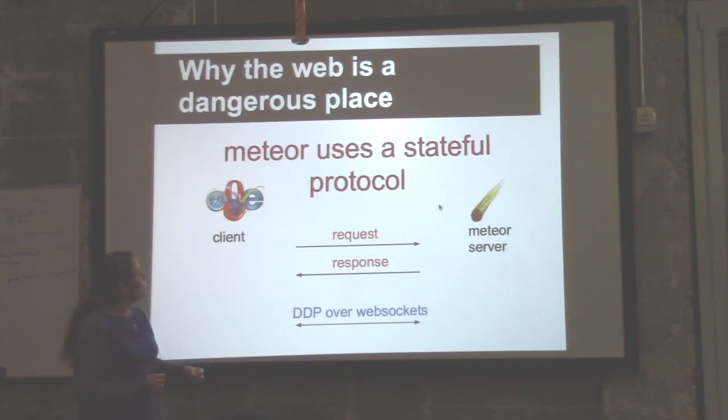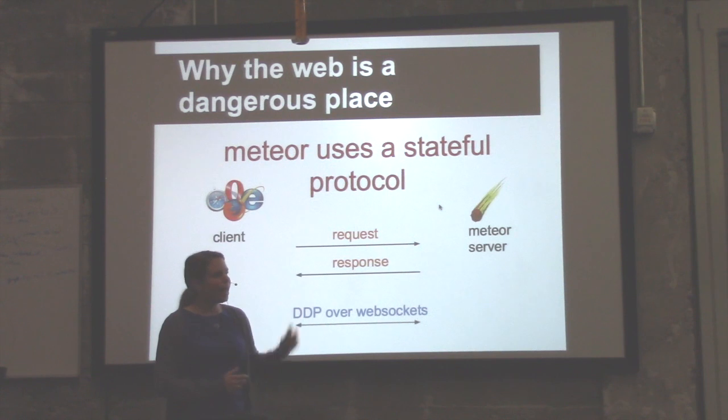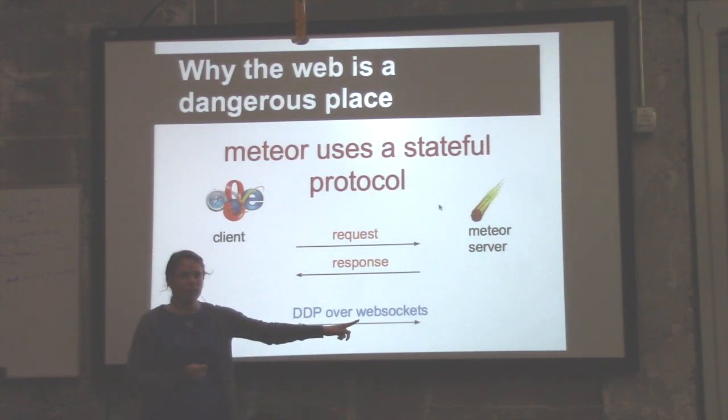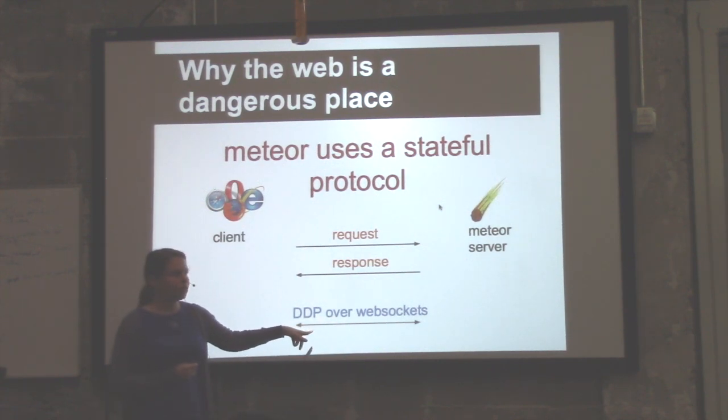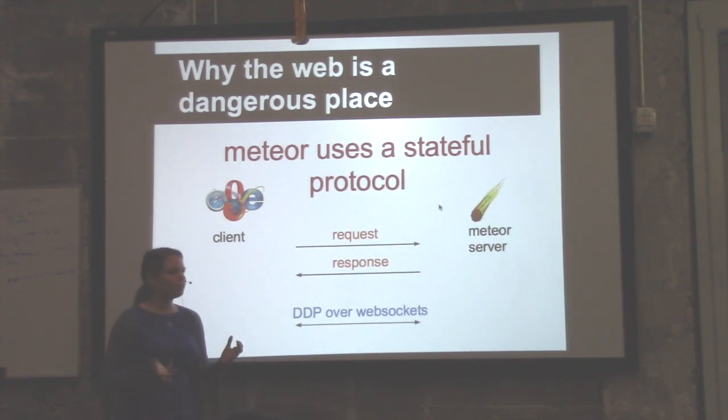So what this means is when you open up a Meteor application, your browser sends a request and the response comes back, and it contains all the HTML and JavaScript for the entire application. And after that, you set up this WebSockets connection, which is sort of like a normal TCP connection, and everything on this connection is data. And this connection is long-lived and it's stateful. So there are no cookies in Meteor, and I'll talk a little bit later about why that leads to some different security properties, some of which are better, some of which are possibly worse.